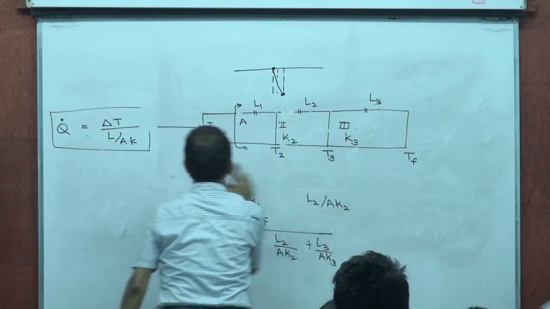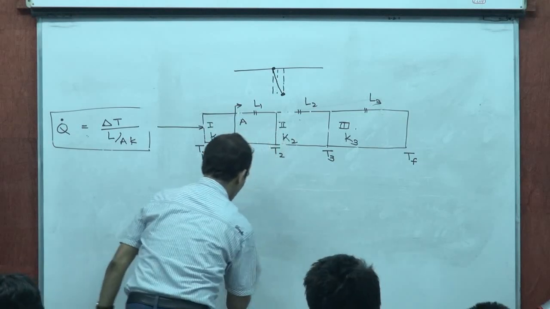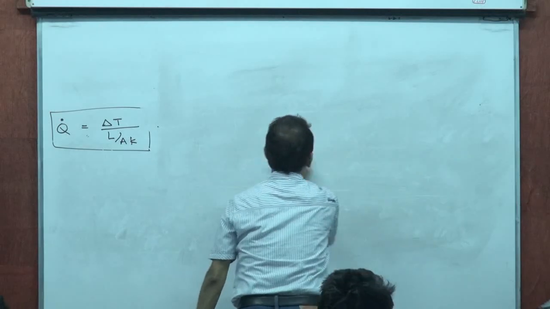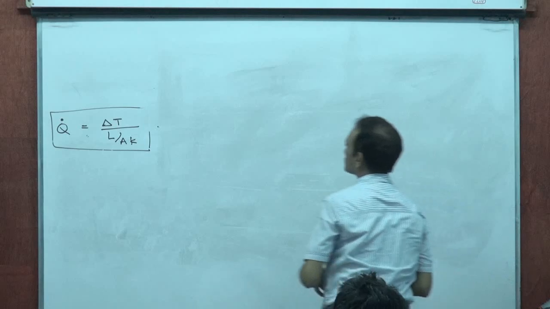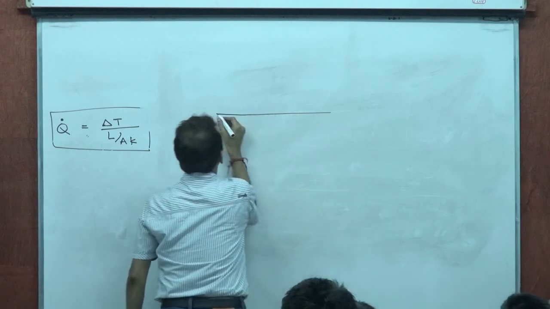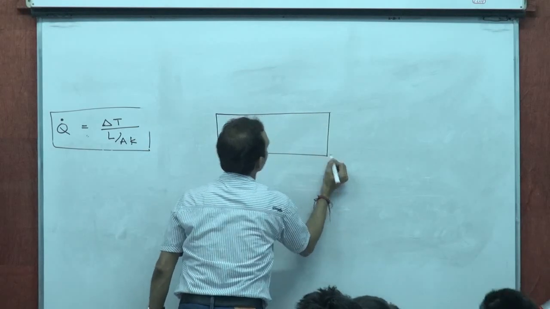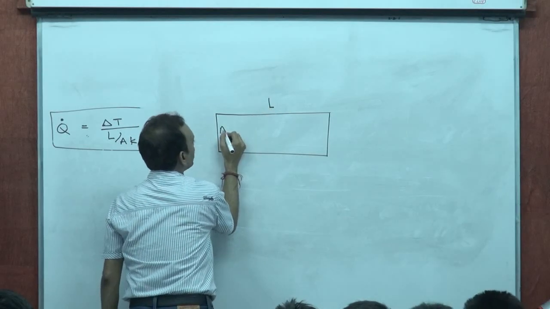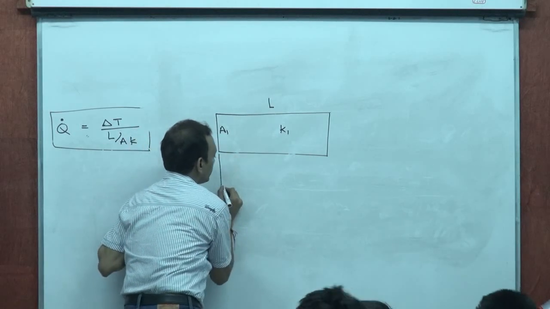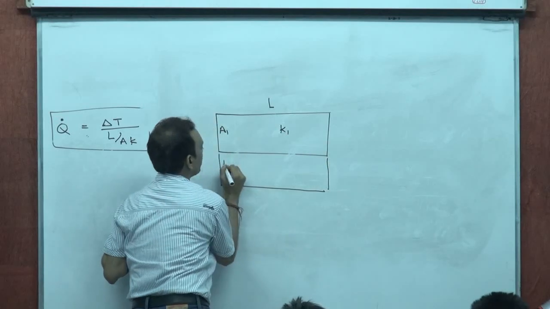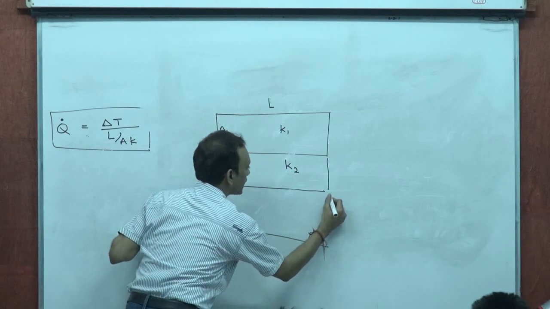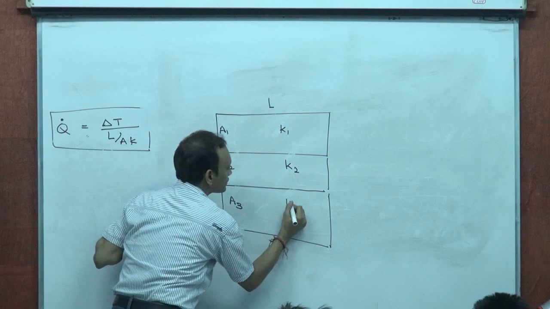Now, you could have had say a slab like this of length L, of area of cross section A1 and thermal conductivity K1, another slab of the same length, say of area of cross section A2, thermal conductivity K2, a third slab A3, thermal conductivity K3.